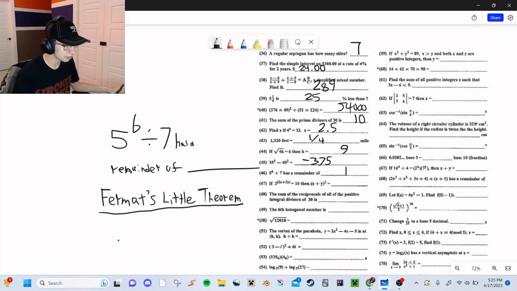It states that whenever you have any natural number n raised to the power of p minus 1, divided by p, the remainder is always equal to 1.